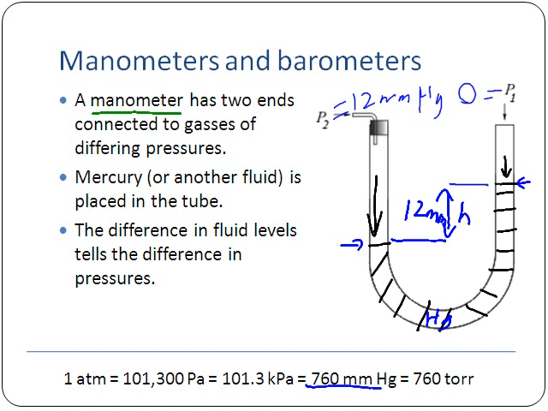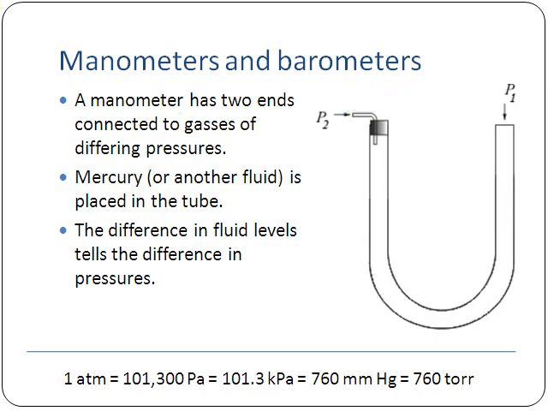The 12 millimeters, it's lower than P1, and the difference is 12 millimeters. And so that would be one way of setting this up. To do this, where you create one side basically a vacuum, you make the pressure 0, we're going to need a different device. This different device is not called a manometer, it's called a barometer. And so let's take a look at the barometer.